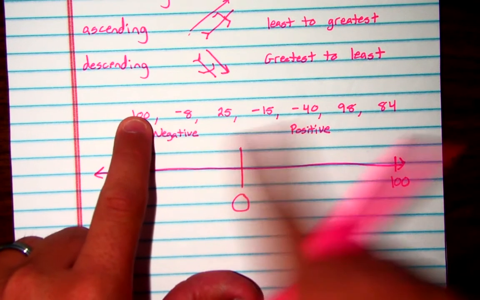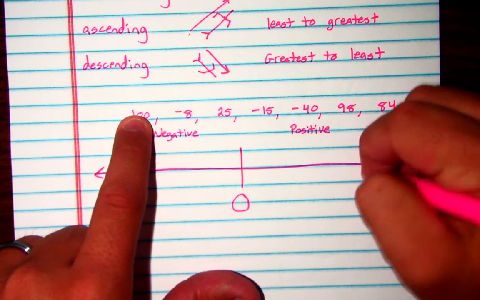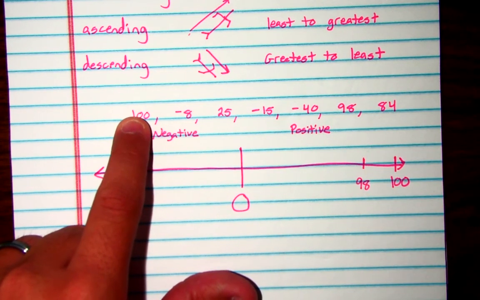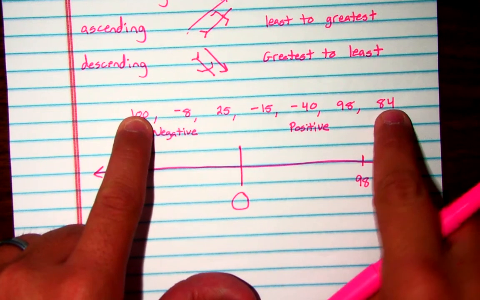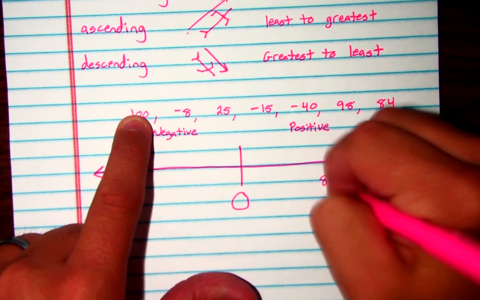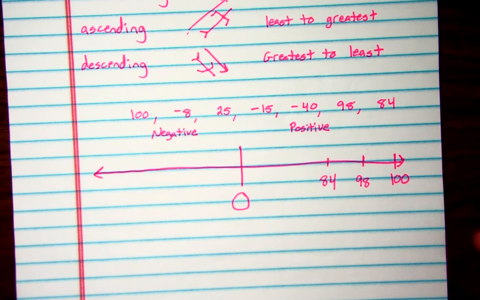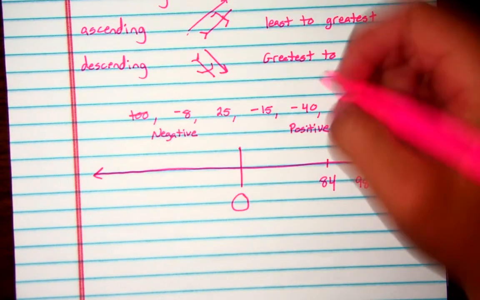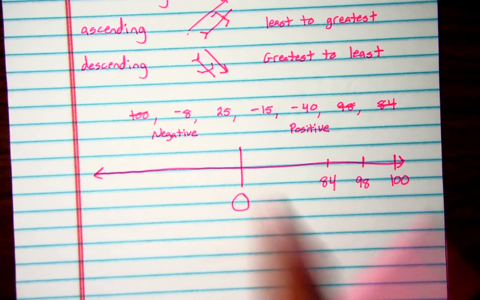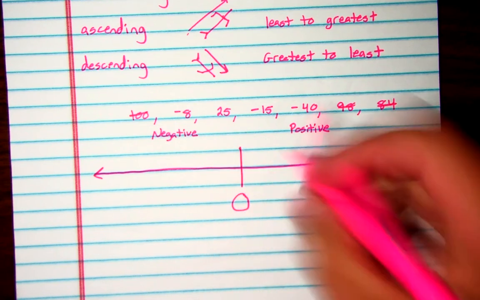It got to 98 degrees. And then we had an Arctic blast, and it got freezing cold here in Texas. It got to 84 degrees. Oh my God, notice how my temperatures are now starting to go down a little bit. The next positive whole number I got would be 25.